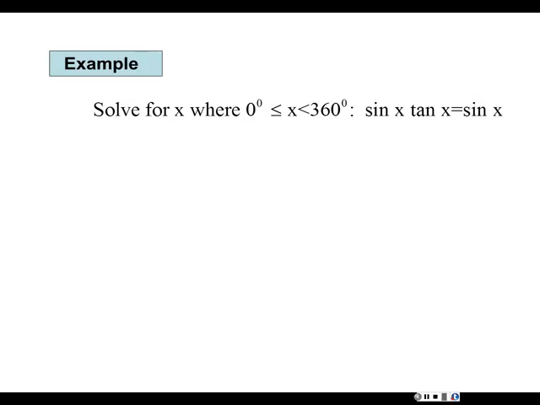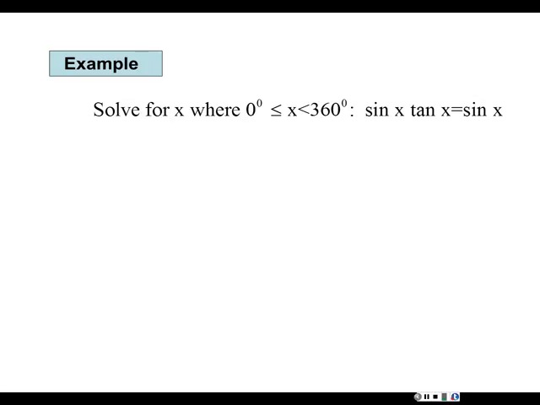So for this equation, we tried to solve it using factoring. We got sin x times (tangent x minus 1) equals 0. From there we concluded sin x equals 0 or tangent x minus 1 equals 0. Then sin x equals 0, so x will be either 0 or pi.